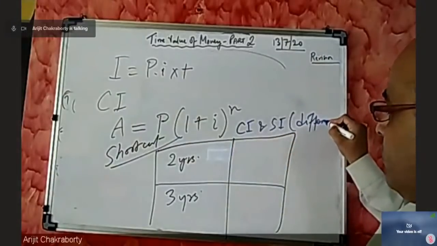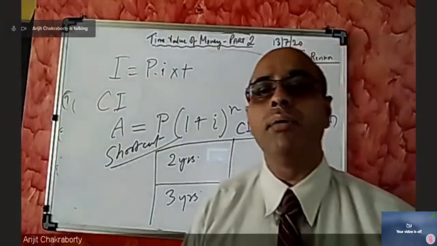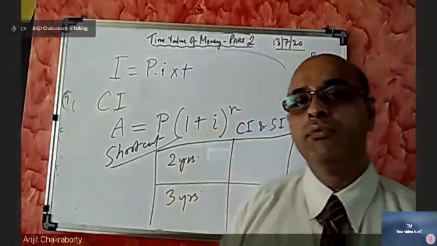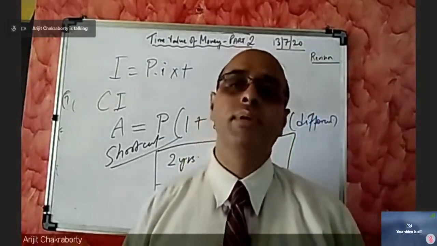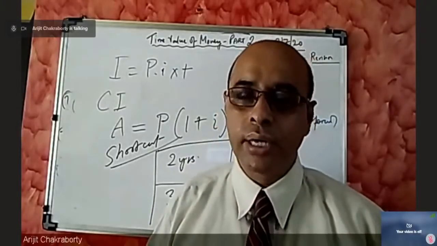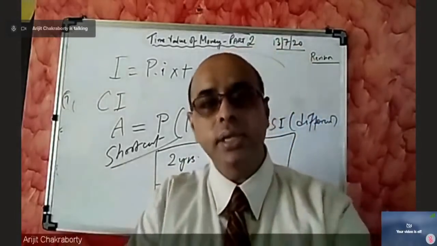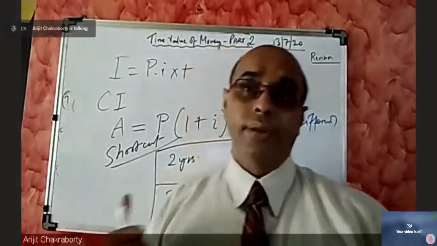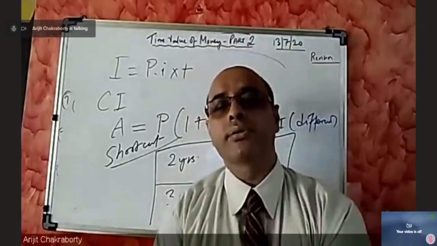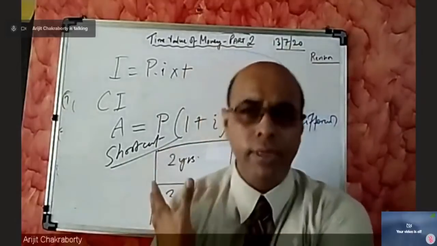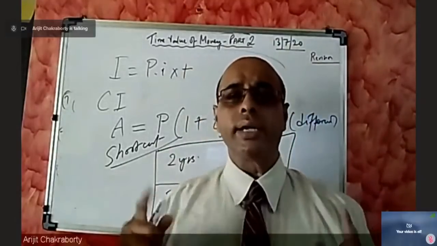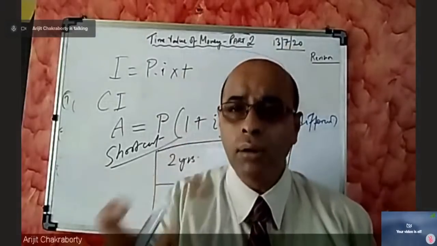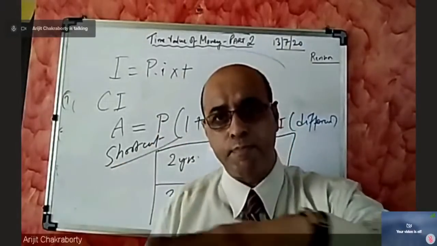You know that compound interest for a period of time will always be more than the simple interest. In the last class we discussed the basic difference between compound interest and simple interest: in case of simple interest, the amount of principal remains the same.